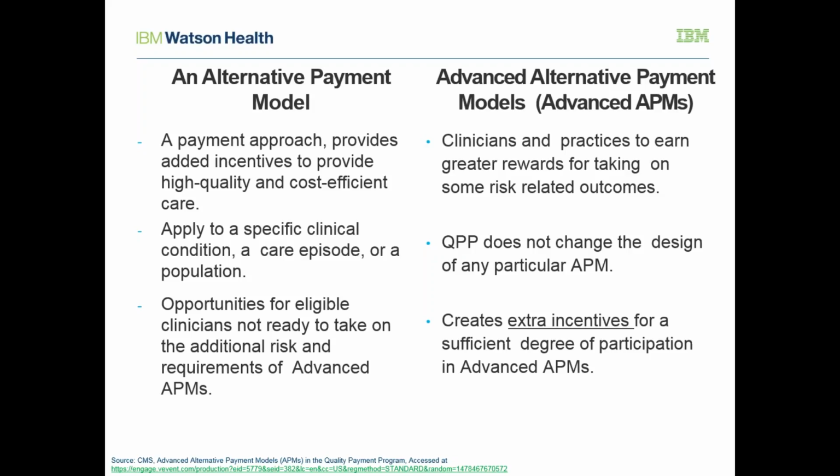So right now they differentiate between an alternate payment model and then the advanced alternate payment model. An alternate payment model is an approach that, of course, incentivizes providing high quality, cost-efficient, effective care. It's usually tied to a specific clinical condition, a care episode, or a population. And of course, it offers opportunities for eligible clinicians to take on additional risk when they are involved in an advanced APM.